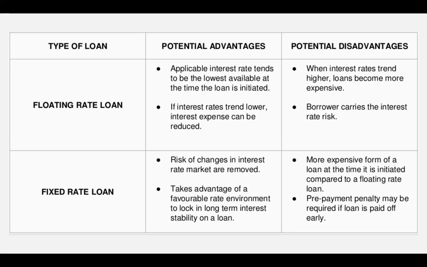The disadvantages of a floating rate loan are higher volatility in the market. If there is higher volatility in the market, then there will be a huge loss for the borrower, and there is a tendency to worsen existing problems.